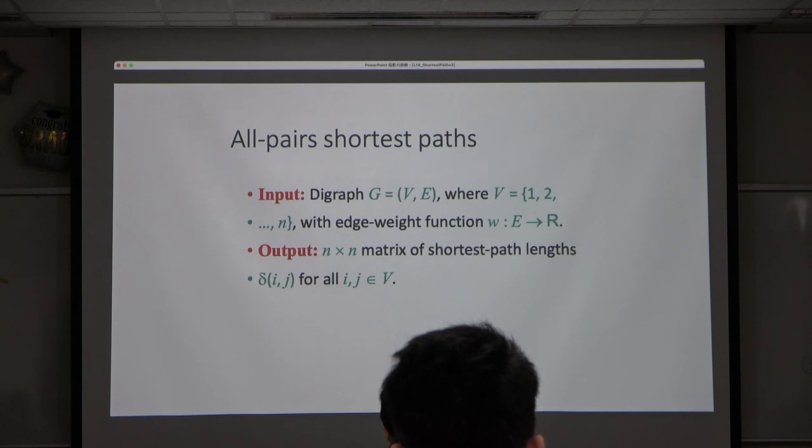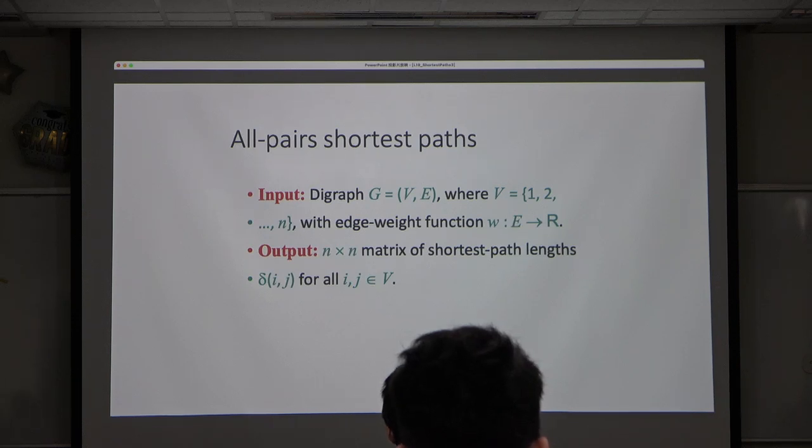And remember this is a directed graph, right? So Aij is not the same as Aji. Aij represents the shortest path weight from Vi to Vj.